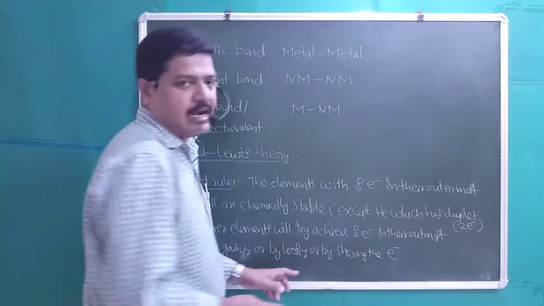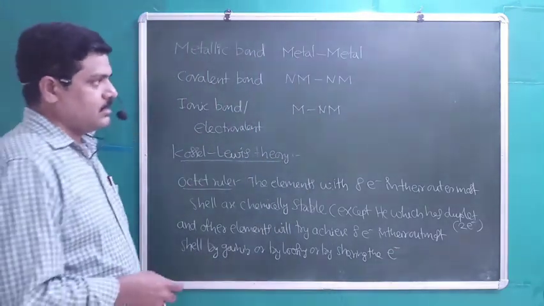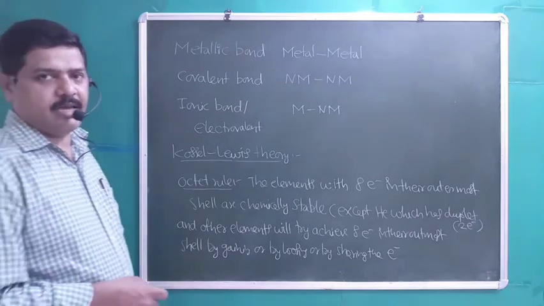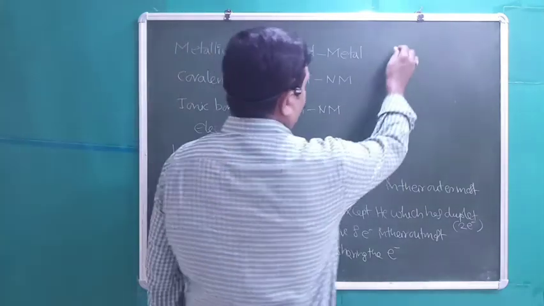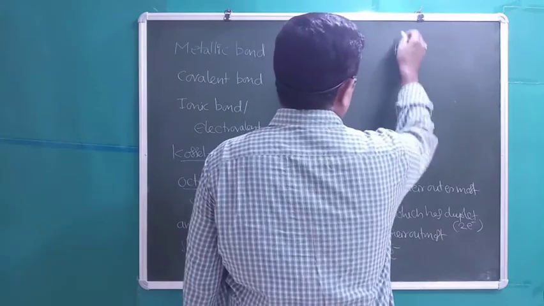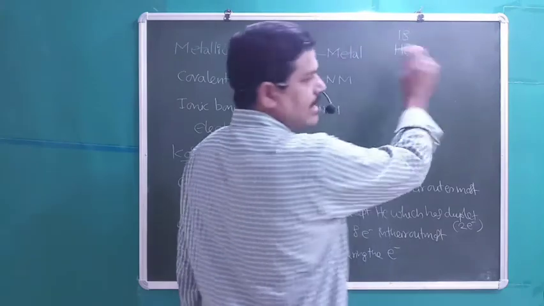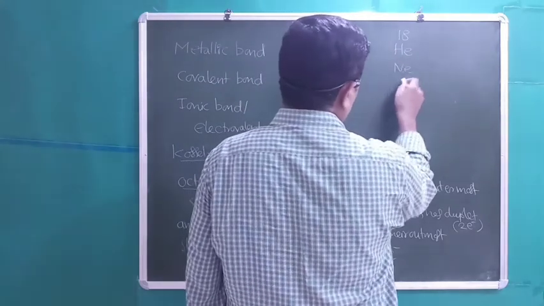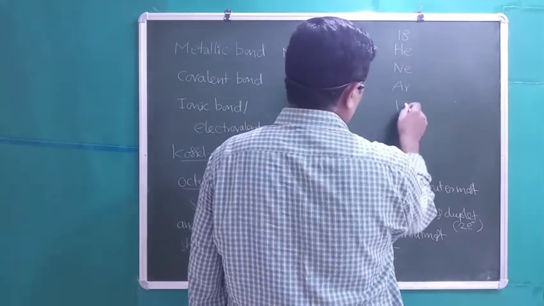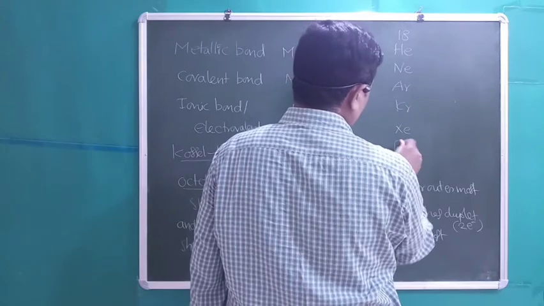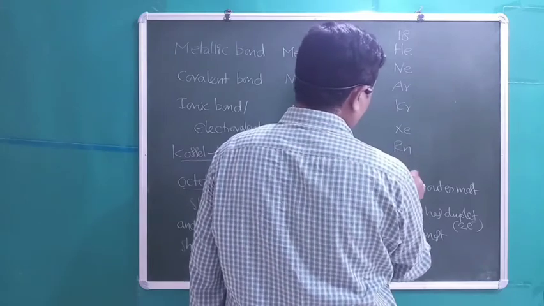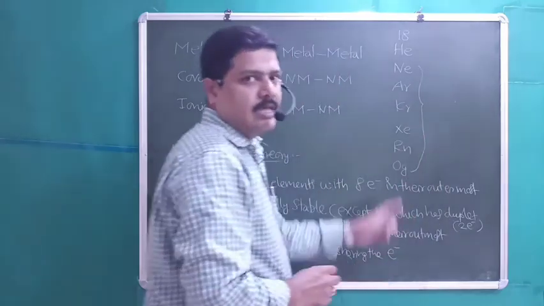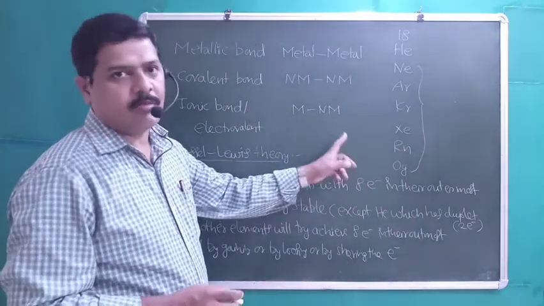Students, in the periodic table, the elements present in the 18th group, that is the 18th column, the last column, are helium, neon, argon, krypton, xenon, radon. These elements, except helium, have 8 electrons in the outermost shell.